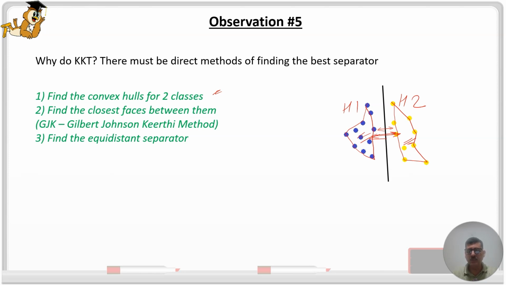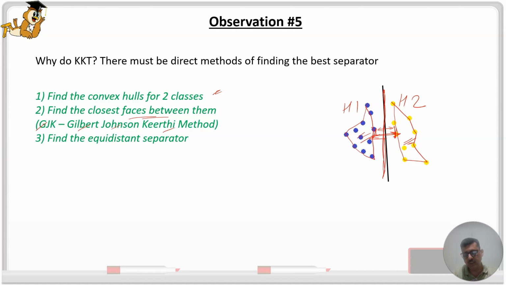One method specifically is called the GJK method, which stands for Gilbert Johnson Keerthi method. So why don't we just employ something like this? Find the closest faces, and then find the equidistant separator. Wouldn't that be a conceptually simple, intuitively simple way of directly getting what we want? So this is a valid question.